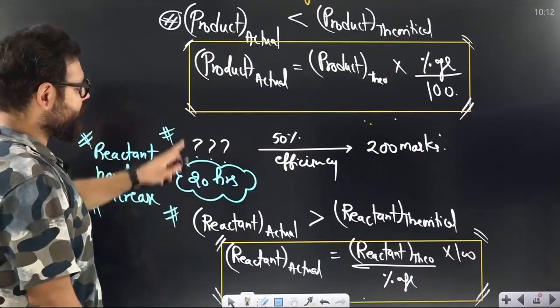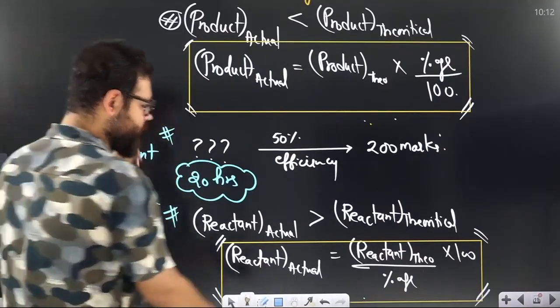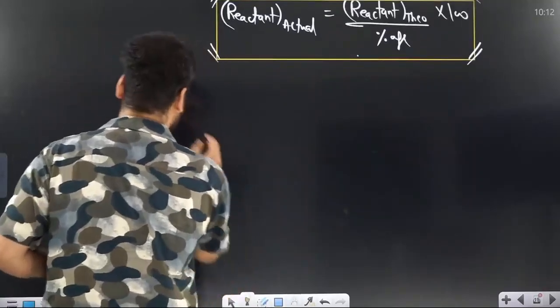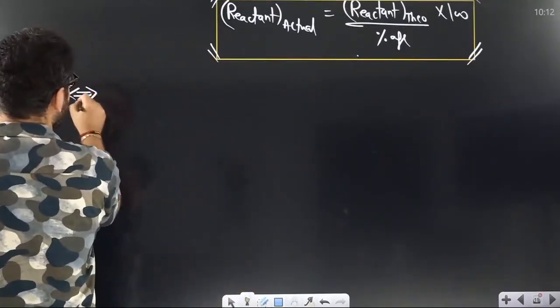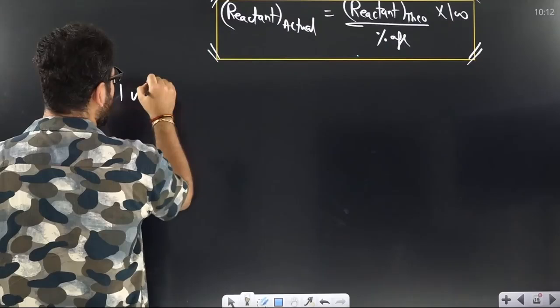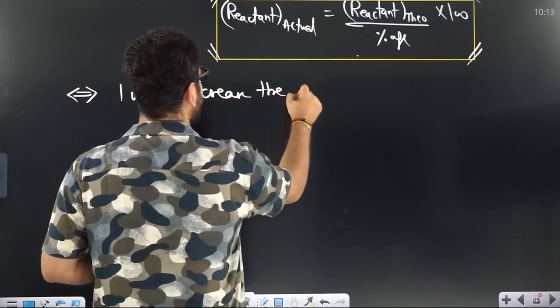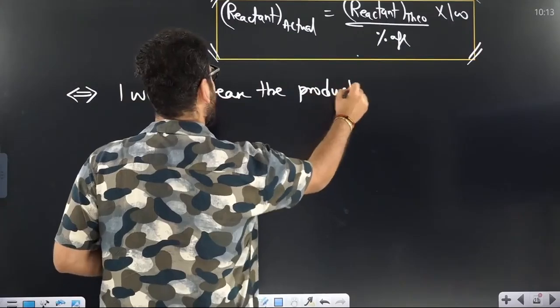So reactant has to increase, product has to decrease. Keep one thing in mind and write it in your notes as well. Whenever you see a percentage type question, I will decrease the product. Remember it.